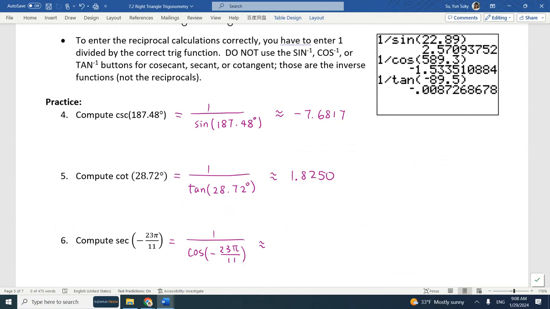Make sure you know how to do it. What did you get? Negative 0.1522.